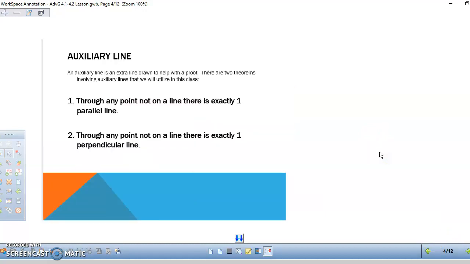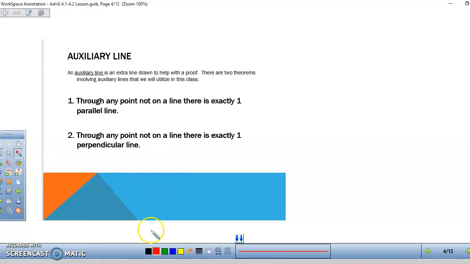Okay, next, there are a couple of auxiliary lines that you can use to help you with proofs in geometry. Both of these were actually talked about during some of your true-false questions earlier in the semester. One of these theorems says, through any point not on a line, there's exactly one parallel line.